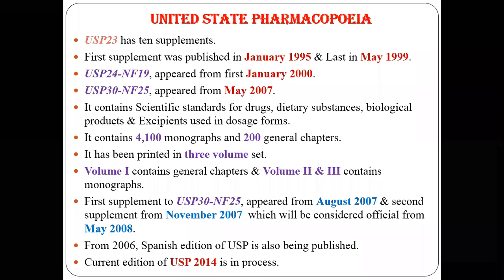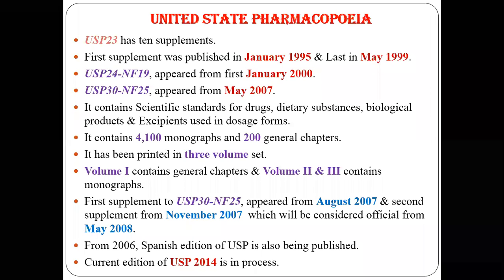The United States Pharmacopoeia contains the scientific standards for drugs, dietary substances, biological products, and excipients in dosage form. It contains 4,100 total drugs and 200 general chapters.